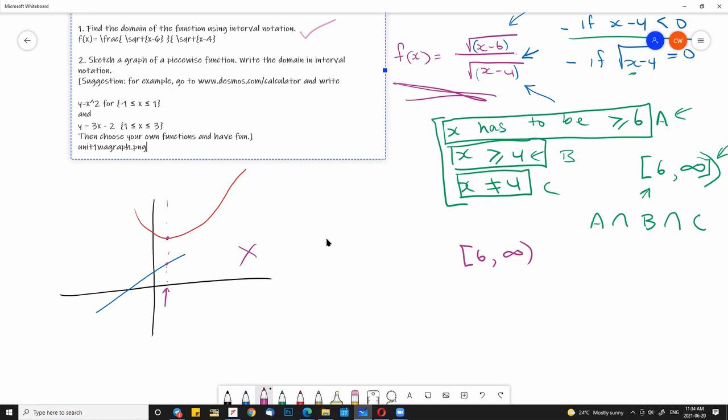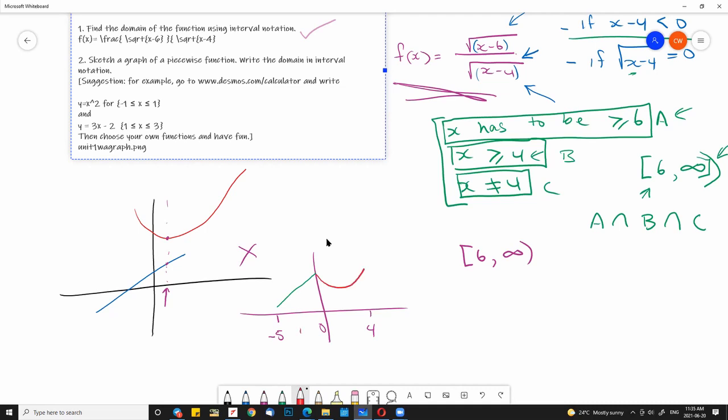So when drawing your piecewise function, you have to limit your ranges, your domain, sorry. So you could go from, let's say, -5 to 0, and say like that. And then from 0 to, let's say, 4, you have something else.